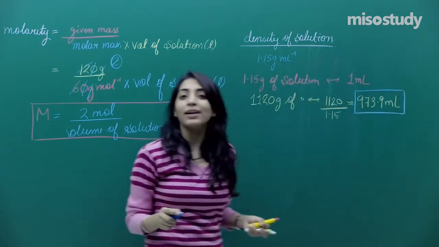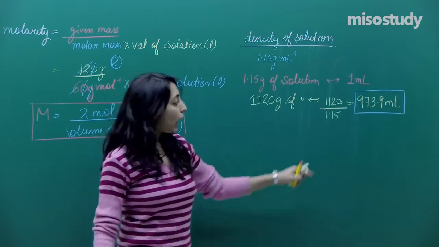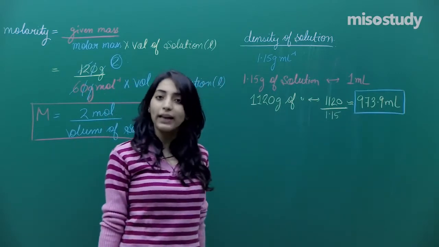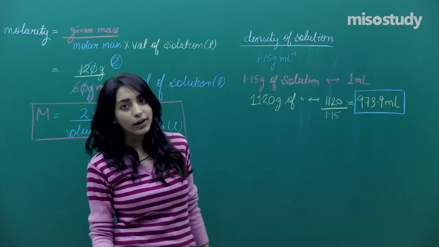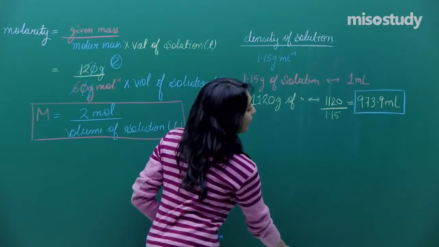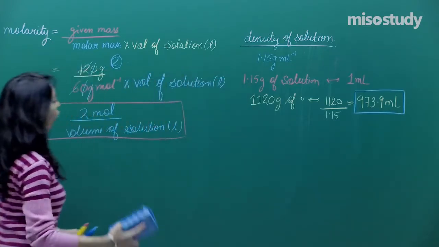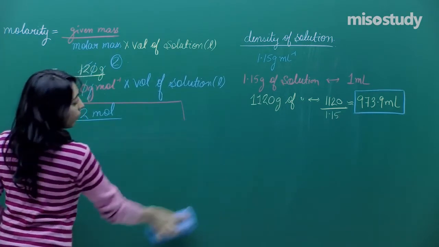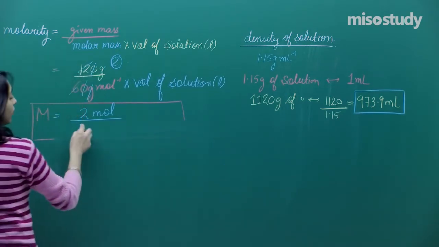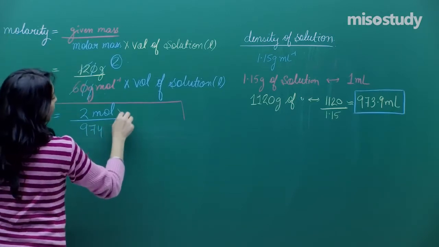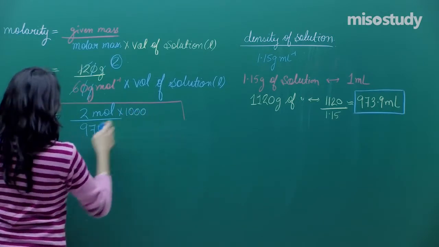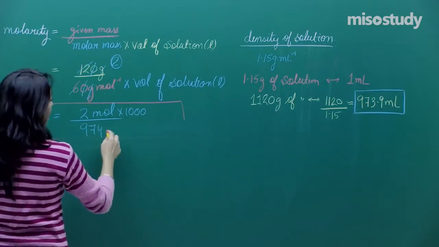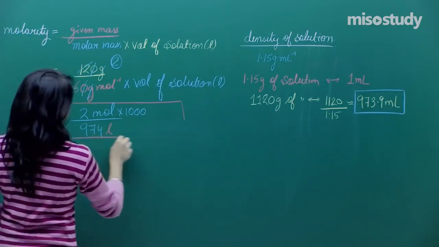My mind is a calculator. I have done the calculations beforehand and the answer came out to be 973.9 ml. So finally I have got the volume of solution, which I am approximating to 974 divided by 1000, giving liters.